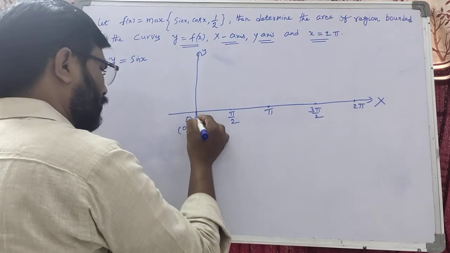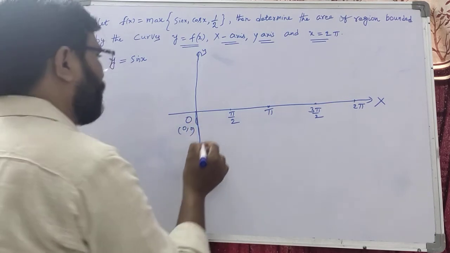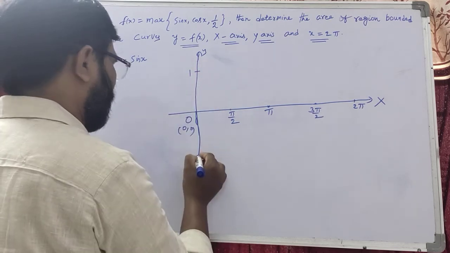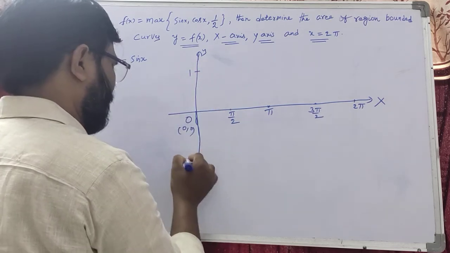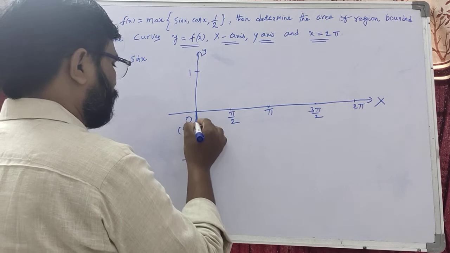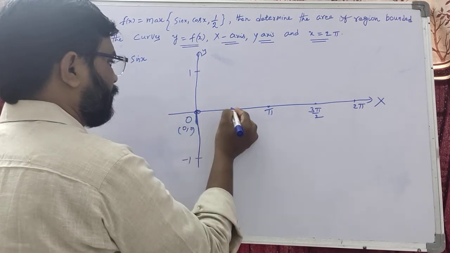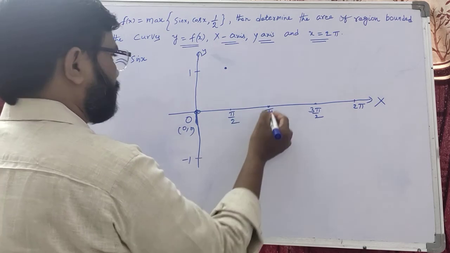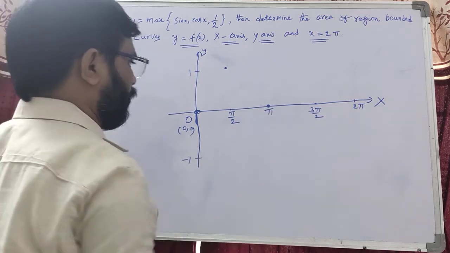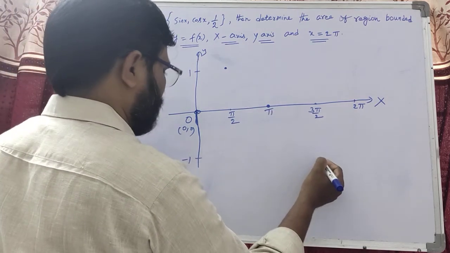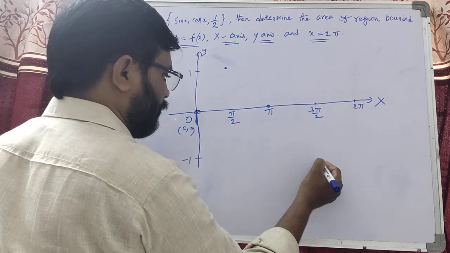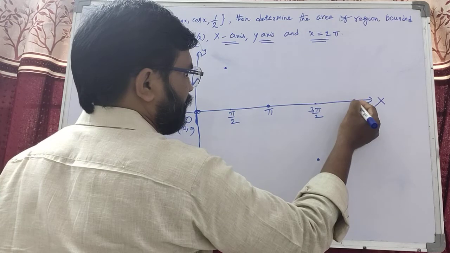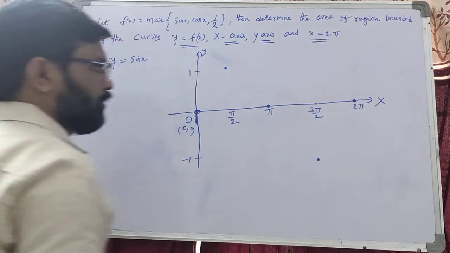Students, we know that the maximum value of sin x is 1. The minimum value of sin x is minus 1. Therefore, students, sin 0 is 0. The value of sin 90 is 1. The sin 180 is 0. Dear students, the sin of 3 pi by 2 is minus 1. And the sin 2 pi is also 0.